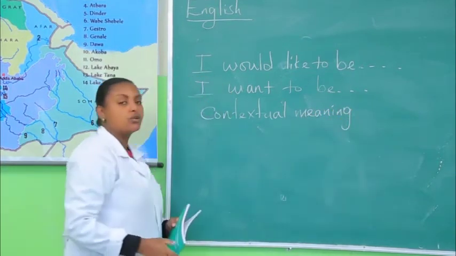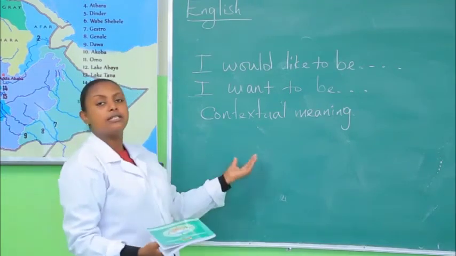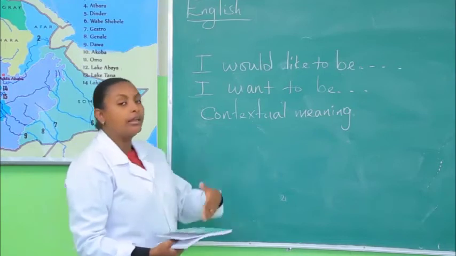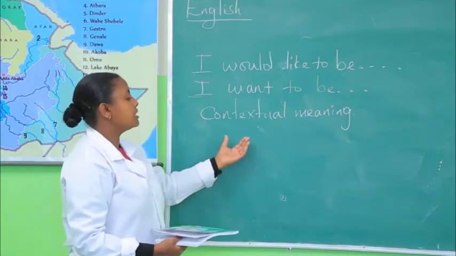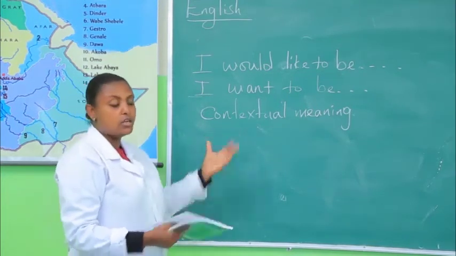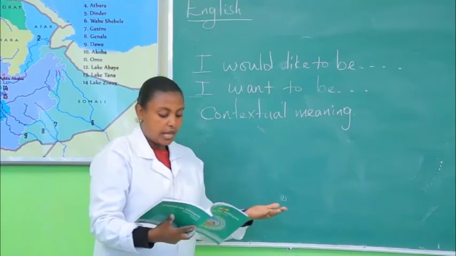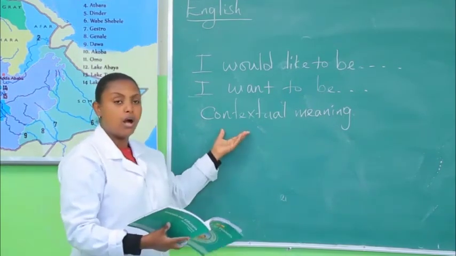When you read a passage or something like a book, you don't have to go to the dictionary and search for the word again and again. The method or the strategy that you can use is to guess the meaning from the context. So here there are words like aim, target, suffering. These words are new for you, I know.